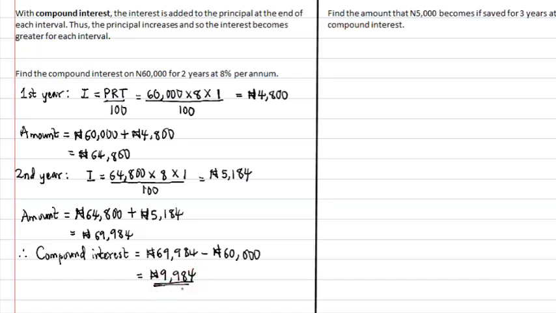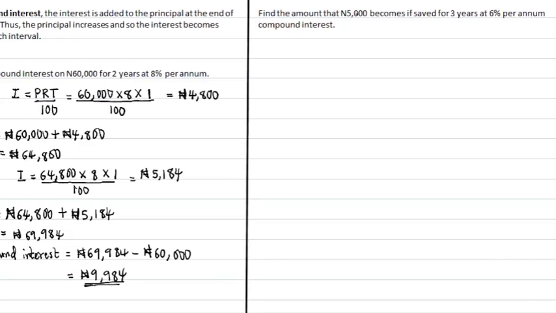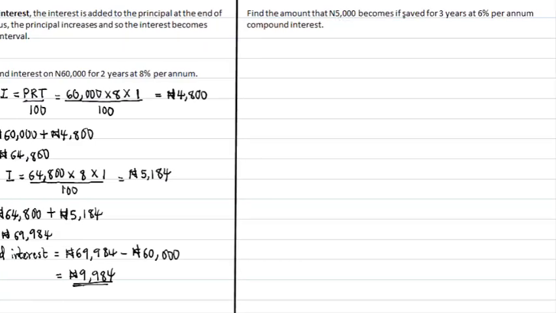Okay, now let's try another problem. This time I want to find the amount. Find the amount that 5,000 becomes if saved for 3 years at 6% per annum compound interest.